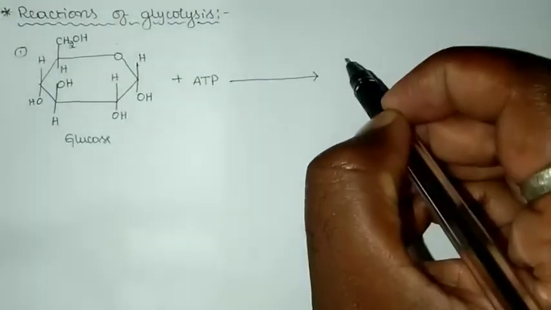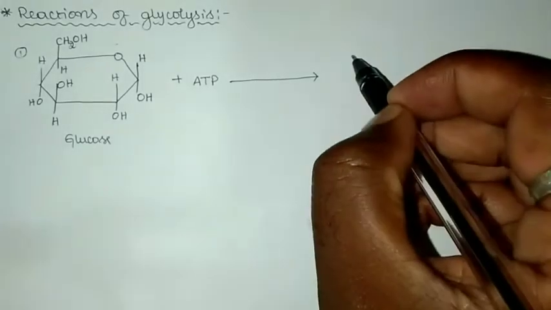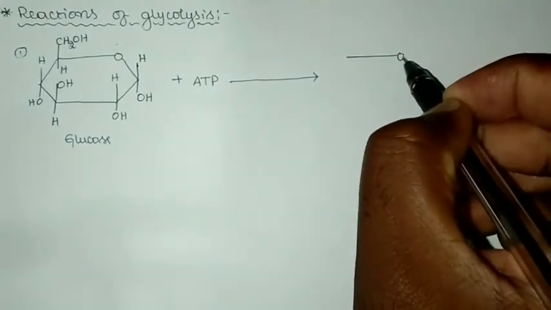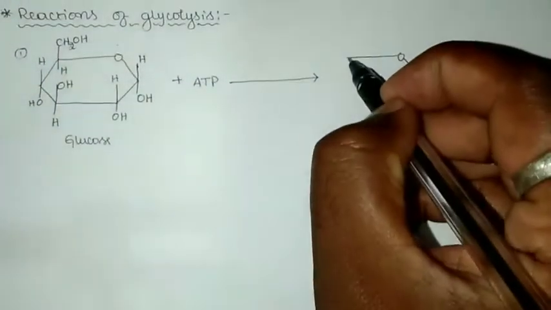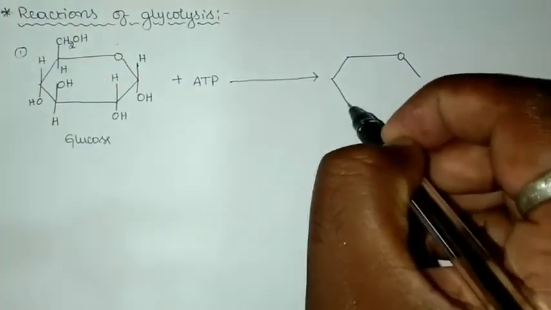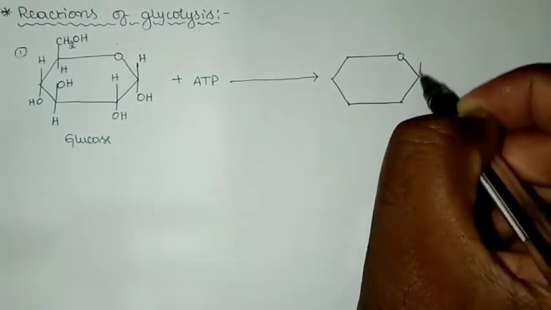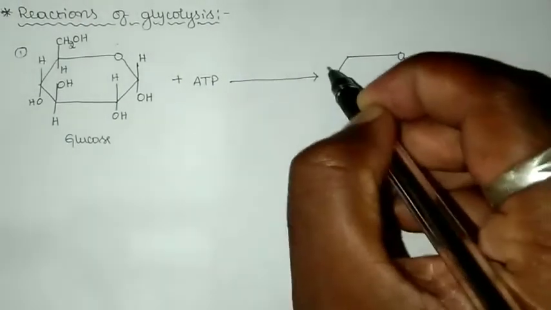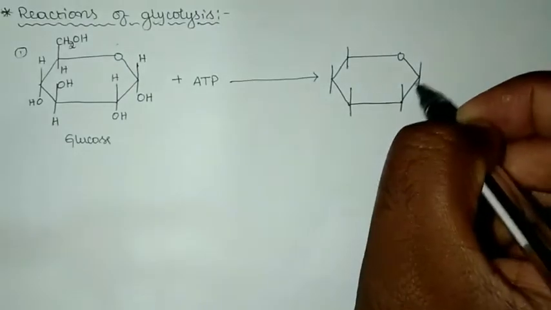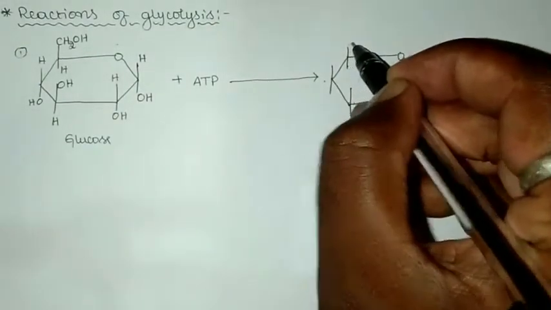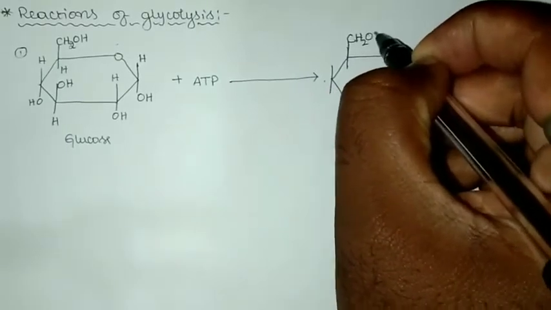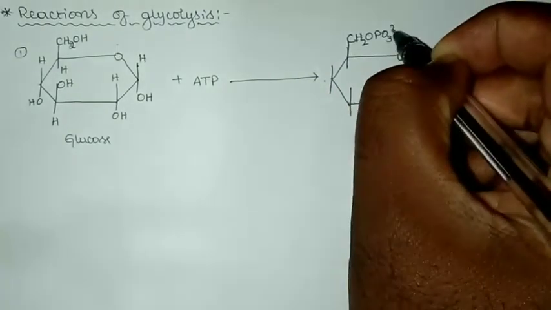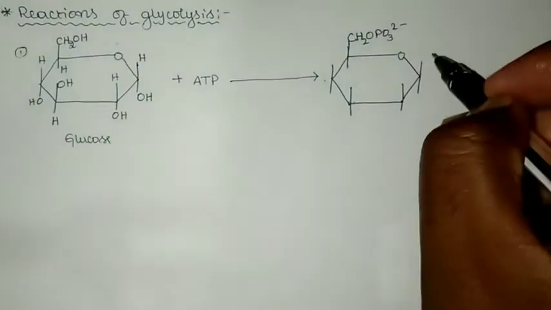So glucose is phosphorylated to give glucose 6-phosphate. The 6th position of the glucose will get phosphorylated. And now we shall write the Haworth structure for glucose 6-phosphate. So here 1, 2, 3, 4, 5, and this is the 6th position, and this 6th position will get phosphorylated, and the phosphate will be written in the form of PO3 2 minus.